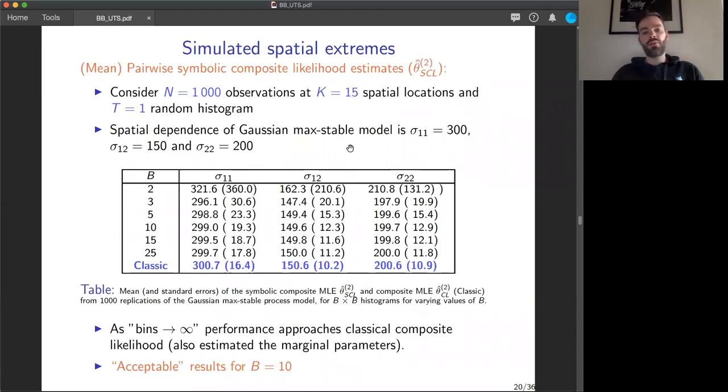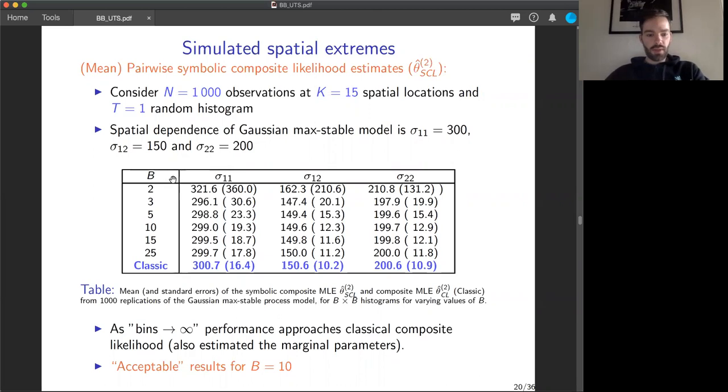And for each of these 15 locations, I will construct a single pairwise histogram for each of the pairs of locations. So the true model that we simulated from is the Gaussian max-stable model, also called the Smith model. The true values of the three parameters here are 300, 150, and 200. Those are the parameters that you have in the dependence structure.